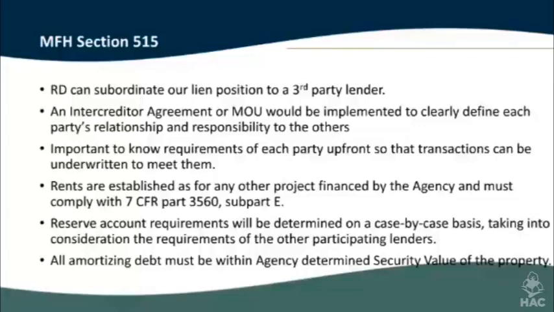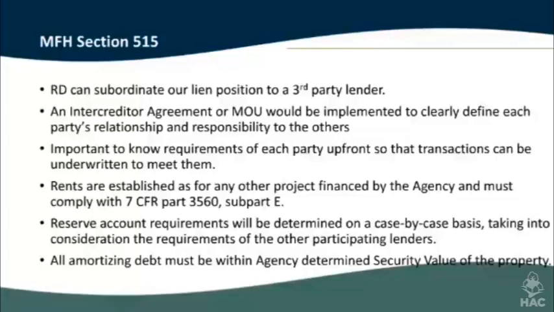Okay. When a third-party lender, such as Section 538, is involved, it's important that each party know the other party's relationship, their responsibilities, and their requirements, as well as any subordination agreement that needs to be imposed.